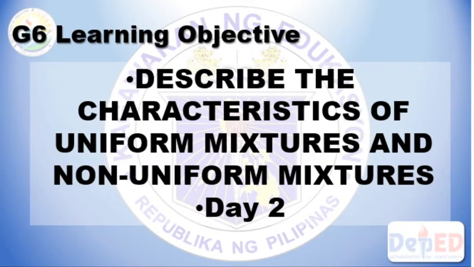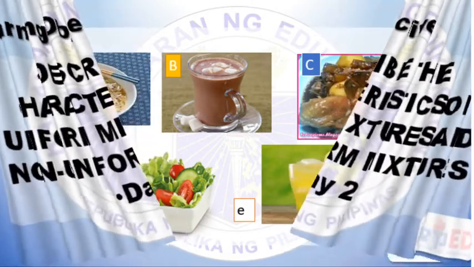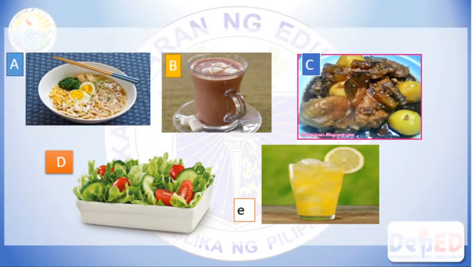We're going to describe the characteristics of uniform mixtures and non-uniform mixtures. Before we proceed, try to identify which among these mixtures can still distinguish its components.